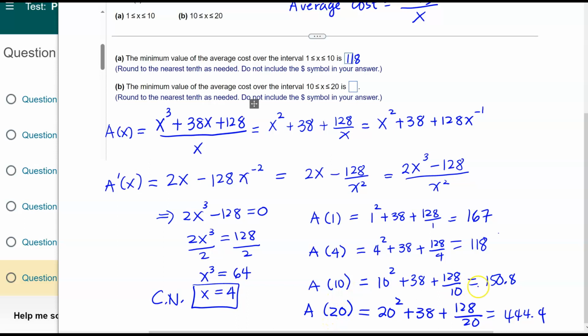At x equals 10, this is the value I got upon plugging into the calculator: 150.8. And for x equals 20, I got 144.4. So I'll just have to pick the least value, the smallest value, which is 144.4. So between those two, the smallest value is 144.4, and that is the minimum value of the average cost over this interval here.